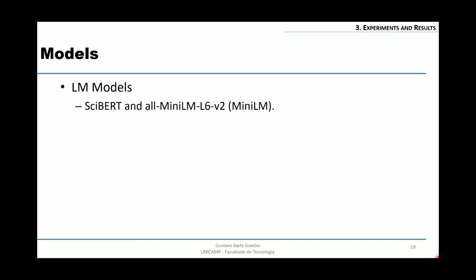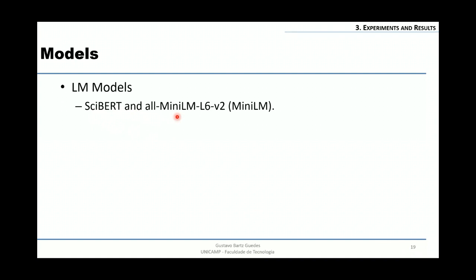And the all-MiniLM, this model is smaller in size, in number of parameters, compared to SciBERT. It was pre-trained in a generic domain, so it's not for the scientific domain. We chose SciBERT because it's from the scientific domain, and all-MiniLM because it's smaller.